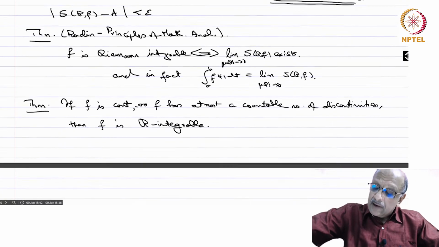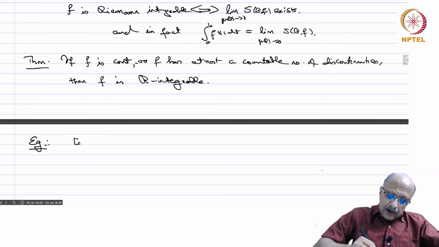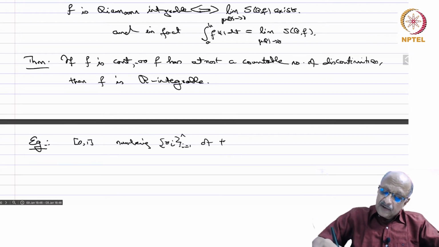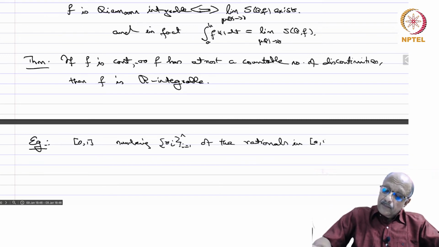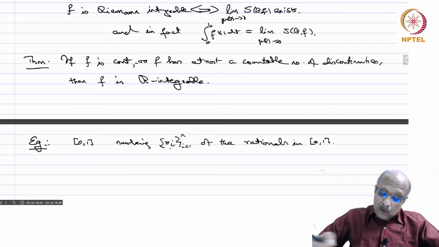So let us look at an example. You take [0,1] and you take a numbering of the rationals. The rationals are countable, so you can write them in some order. It doesn't matter how you write it.